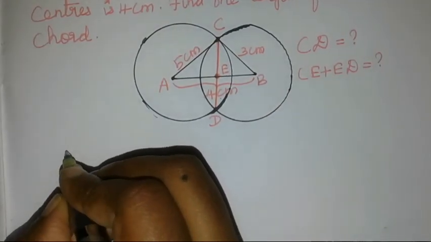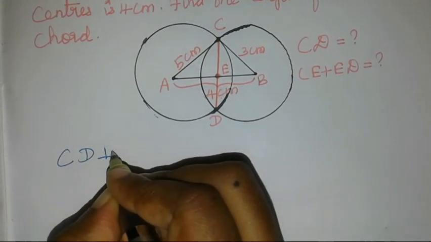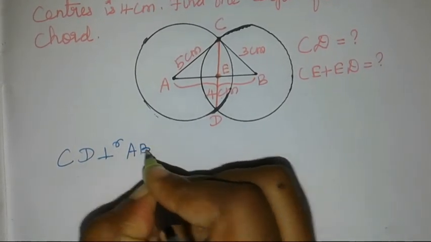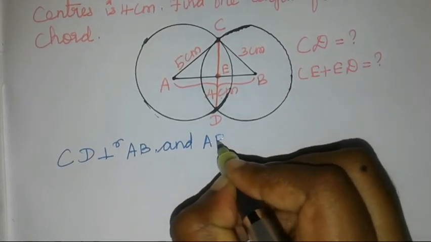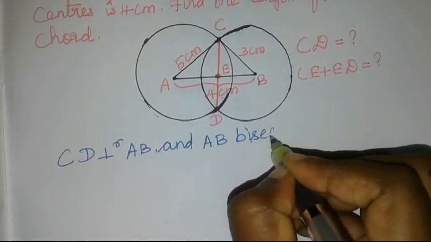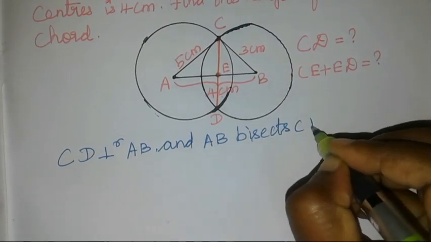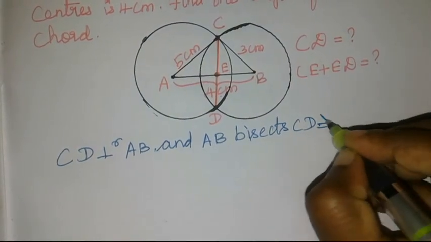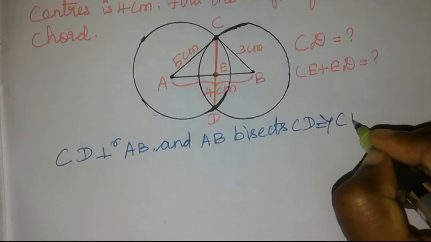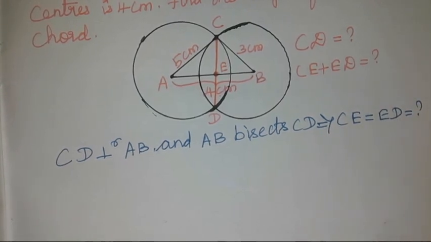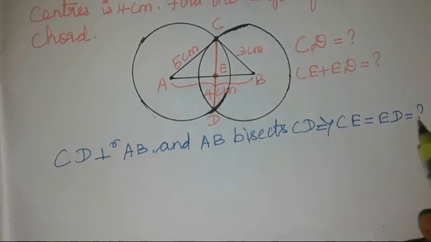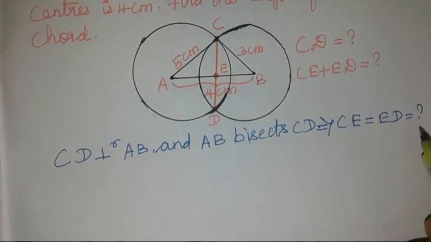See, here CD is perpendicular to AB and this AB bisects the CD, which implies CE is equal to ED. These two are equal. This is the value that is needed here.